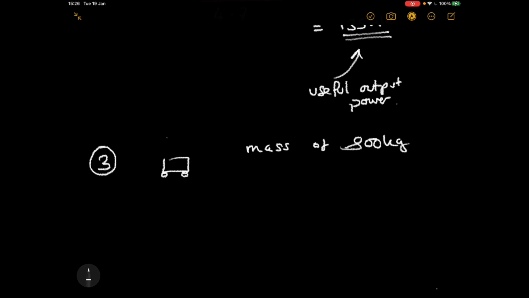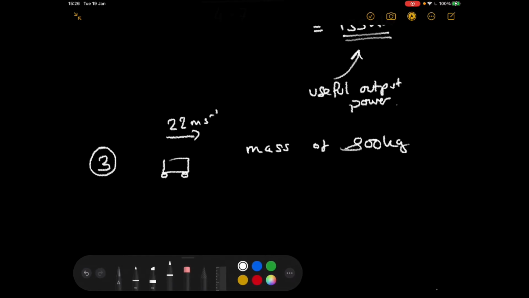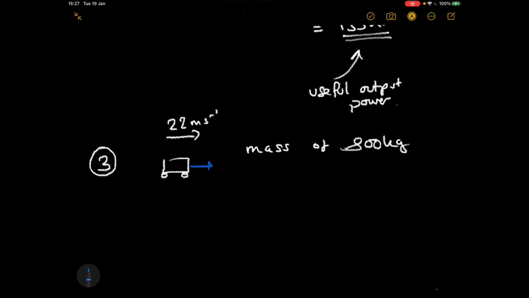And let's say it is traveling with a constant velocity of 22 meters per second. And we can say that the force of the engine is, let's say, 2,000 newtons.